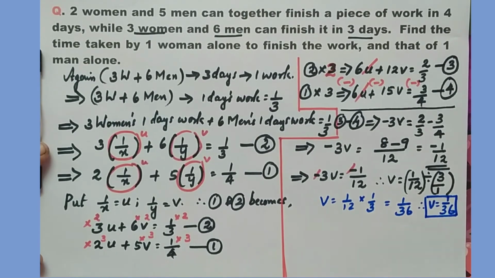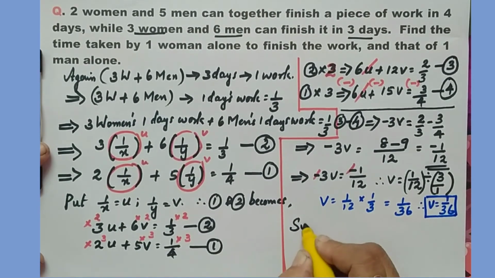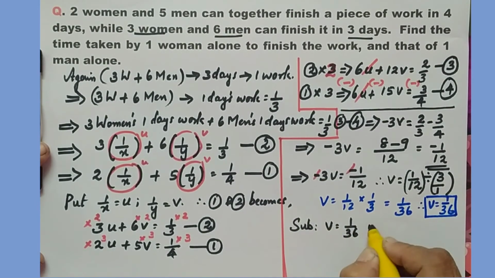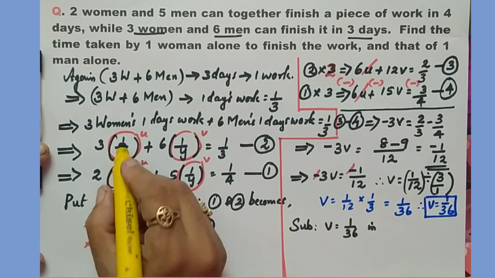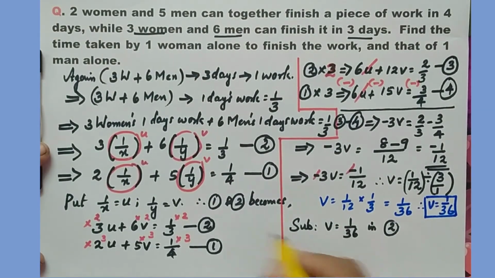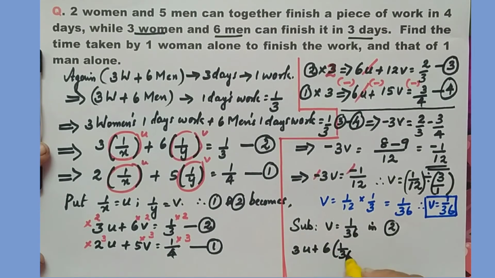Now, substitute v equal to 1 by 36 in any of the equations. Substitute v equals 1 by 36 in equation number 2. What is equation 2? 3u plus 6v equals 1 by 3. What is the value of v here? 1 by 36.